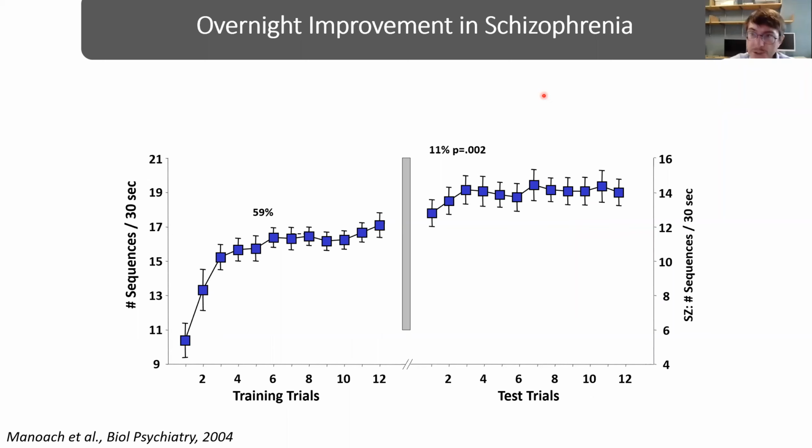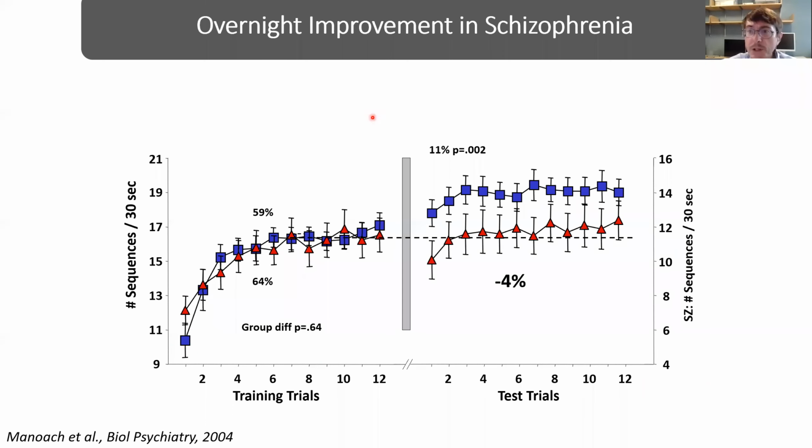Now I'm going to show the patients with schizophrenia. Here we have a different y-axis. These cognitive deficits also are reflected in this procedural memory task. But what we see in the red triangles is that these individuals with schizophrenia show a very similar learning curve. They don't reach the same plateau, but this trajectory is very similar between the healthy controls and the individuals with schizophrenia.